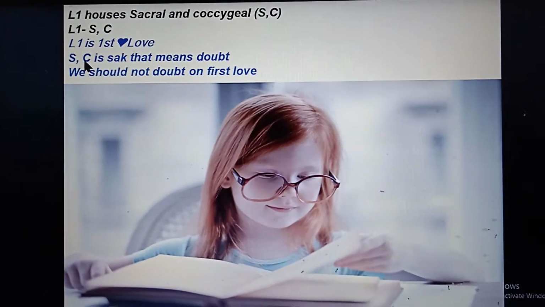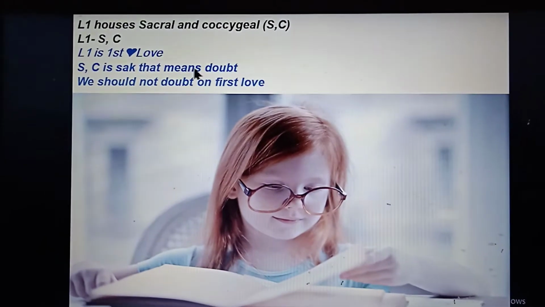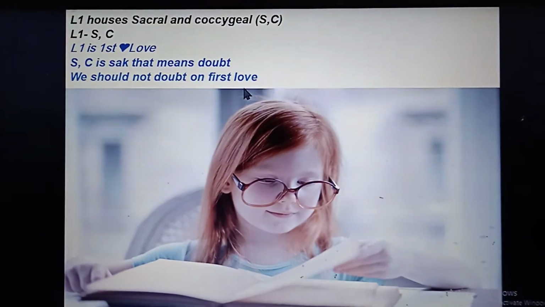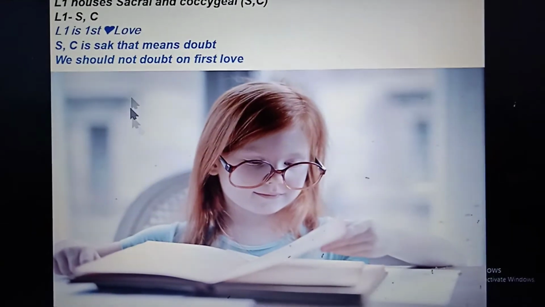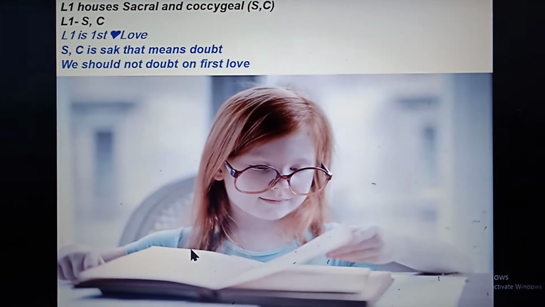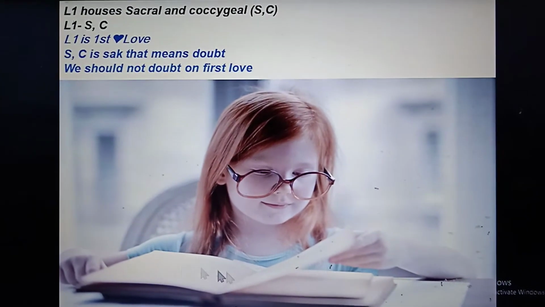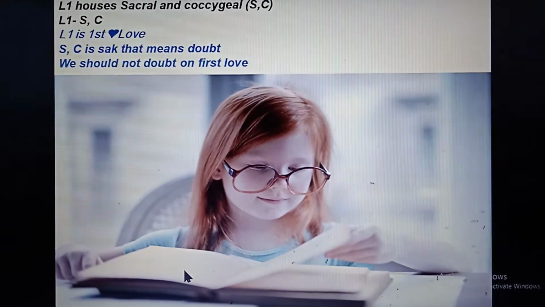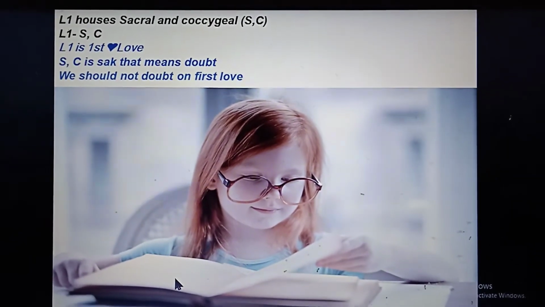And SC, in Hindi it is shak. Shak means doubt. We should not doubt our first love. Please believe me, your first love is your book. It will always accompany you for your whole life, and it will make you proud.